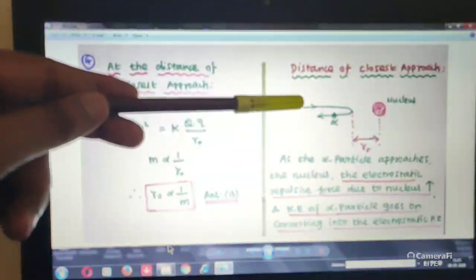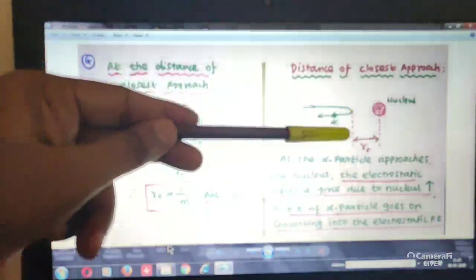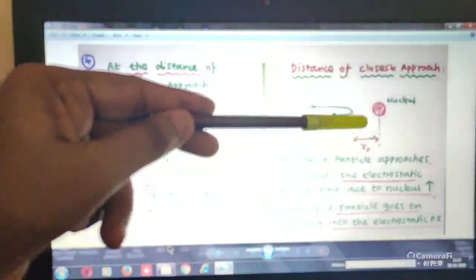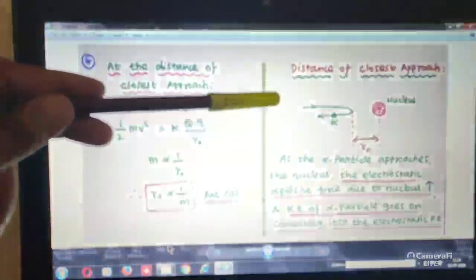You remember this theory. The distance between that turning point of the alpha particle and the center of the nucleus is r naught, the closest approach distance.